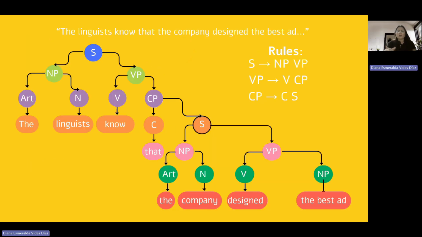Here we have this tree diagram, and the phrase structure rules explain how the sentence is generated syntactically. The sentence rewrites as a noun phrase and a verb phrase. Then the verb phrase contains a complement phrase introduced by that.